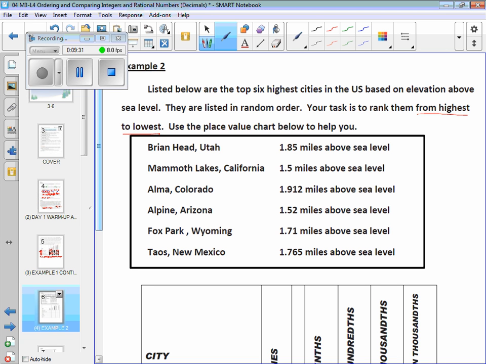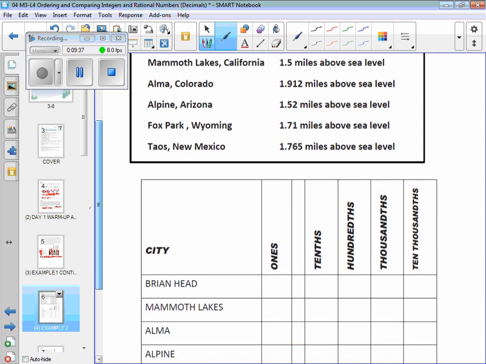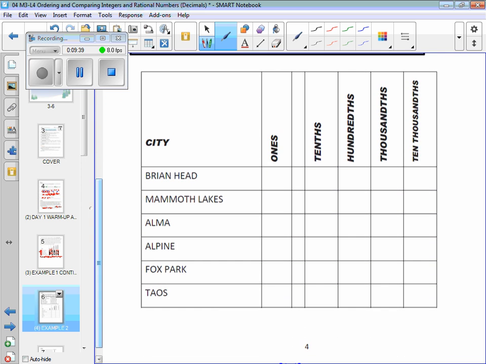And we're going to use the place value chart to help us out. Again, I'm going to ask for your help because I can't keep scrolling up and down. Brian Head is what? About Mammoth Lakes. What is it? 1.5? Okay, great.